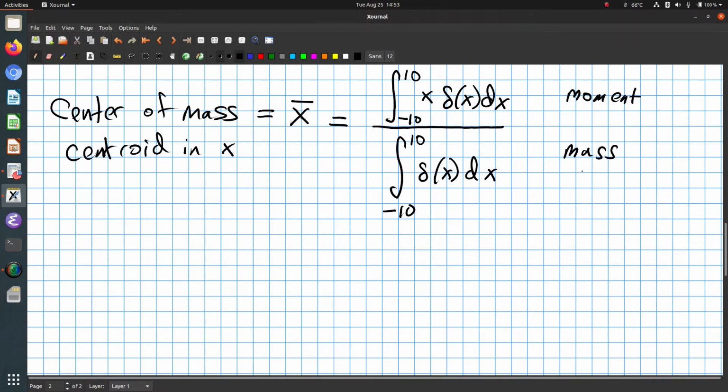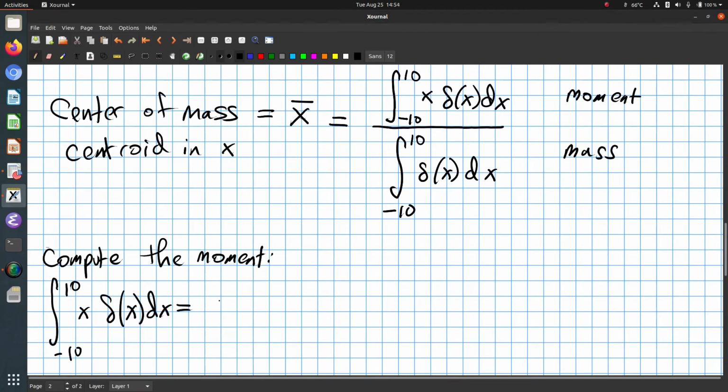So for this funny shaped rod, we already know the mass is 8.8 grams. With the moment integral, we need to compute. So let's compute that. So as before, we'll want to split this up into two pieces, a piece on the left of the axis and a piece on the right.